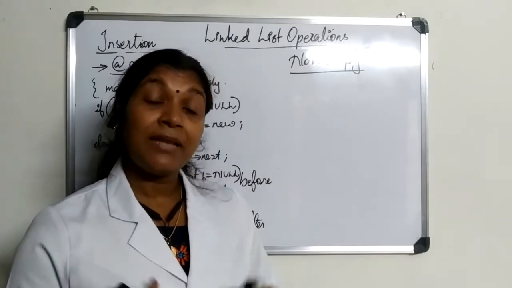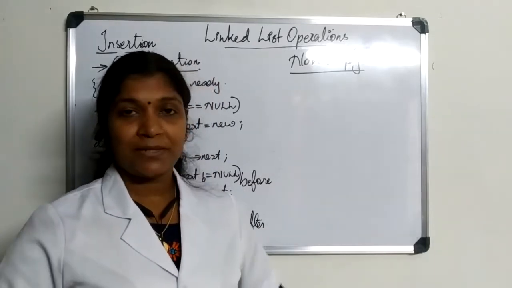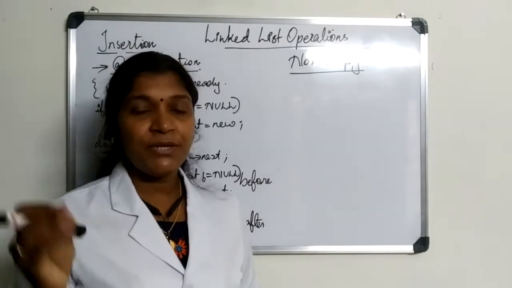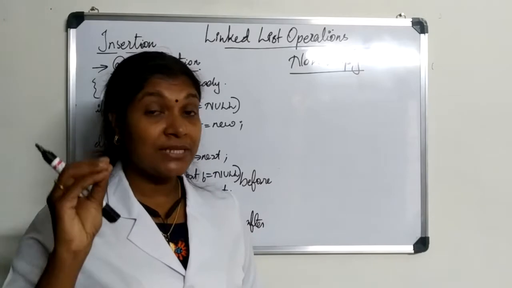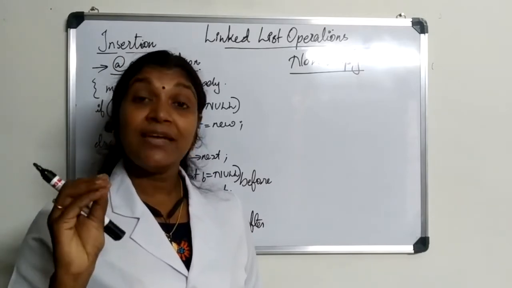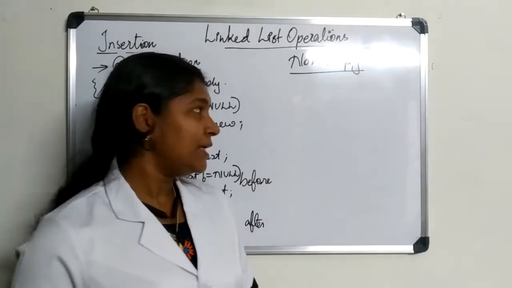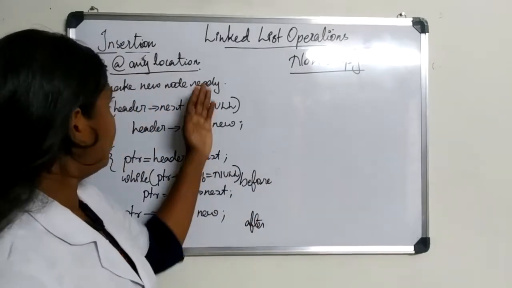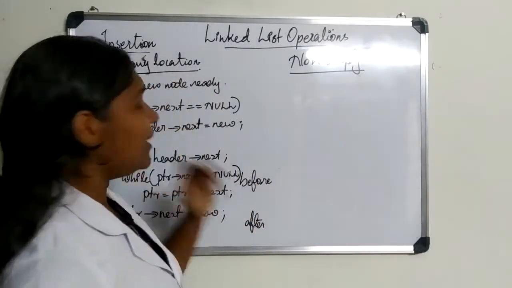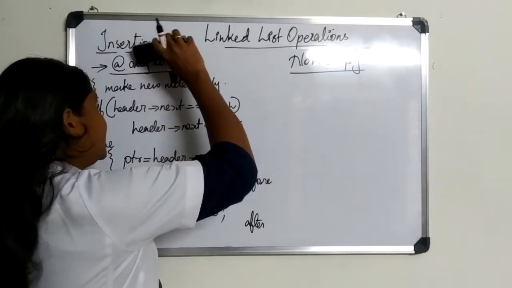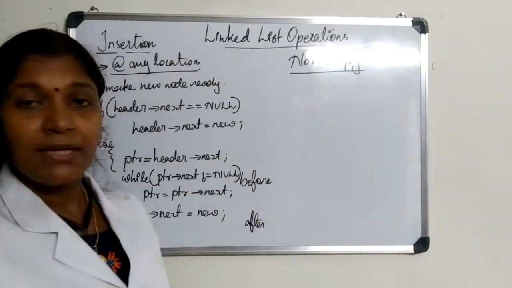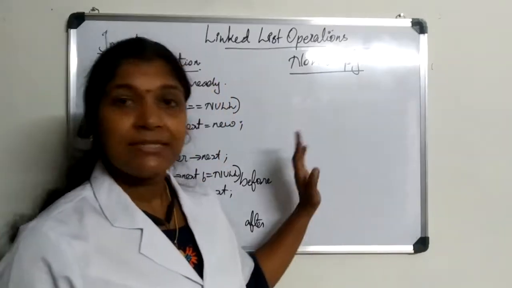That applies to any computer program. Like the same in our program, we are writing a general code for inserting a new node at the end, at the beginning and at any location.